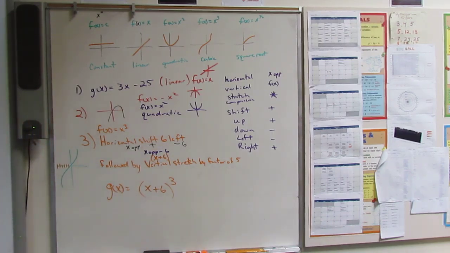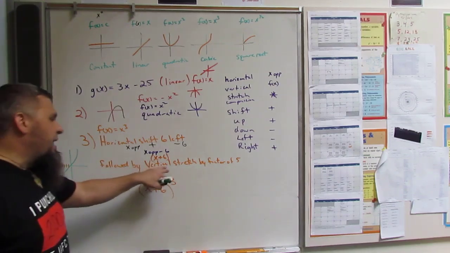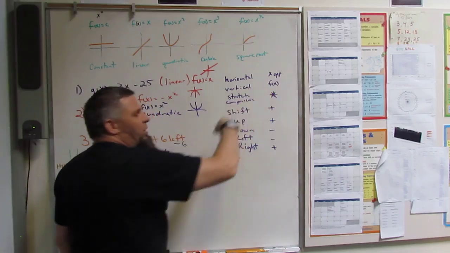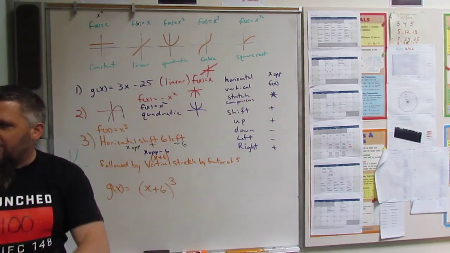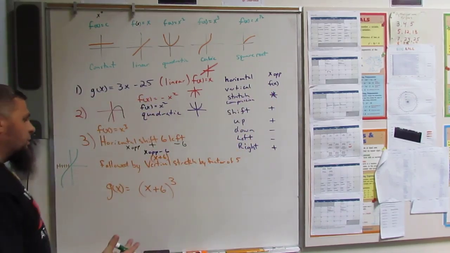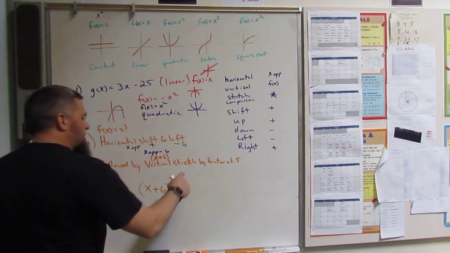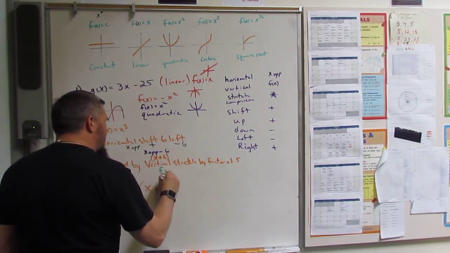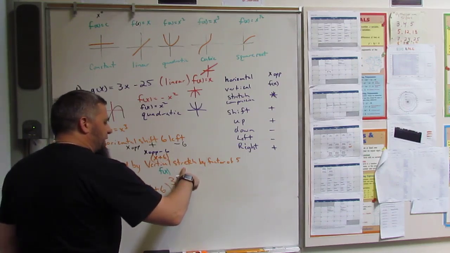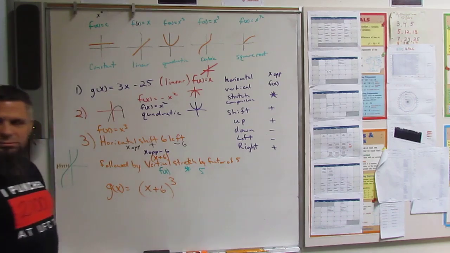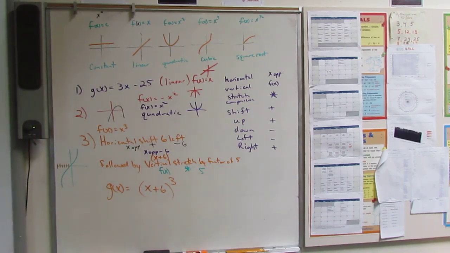Now, in addition to that, it says followed by a vertical shift. Now remember, vertical means the whole function. The f of x, the whole function. So that means this whole function is going to be stretched. So f of x is going to be stretched, which means times by 5. Now we're not doing the opposite on this.